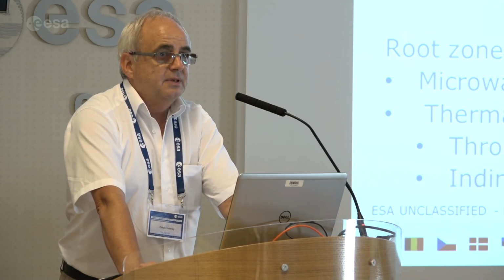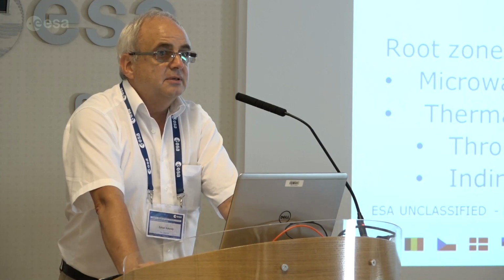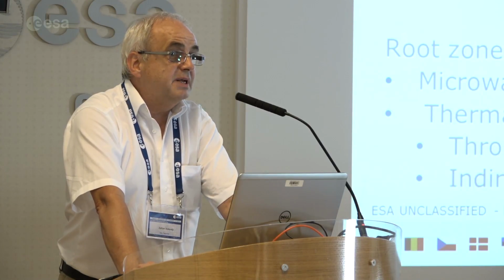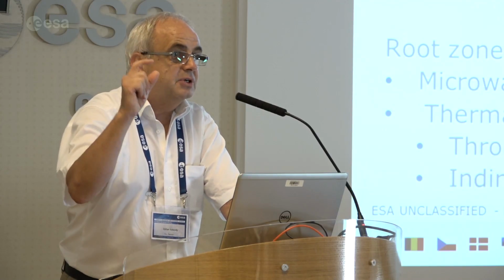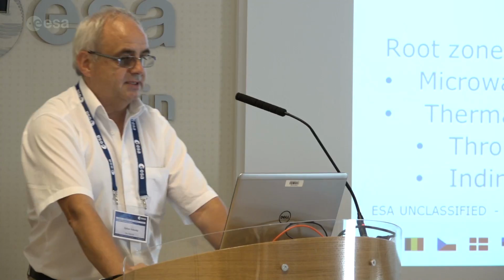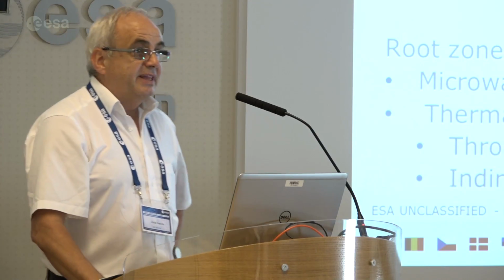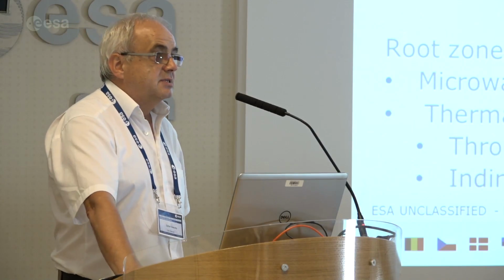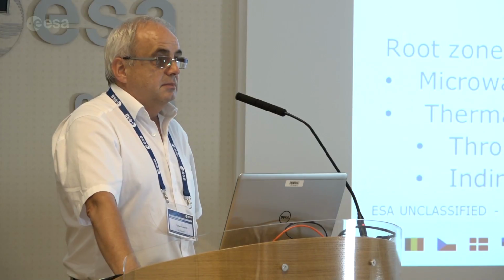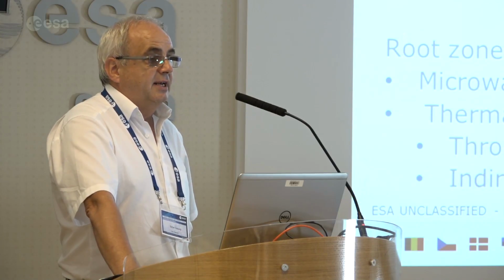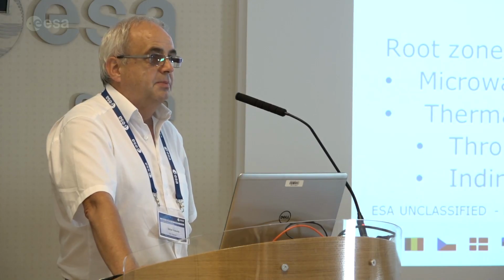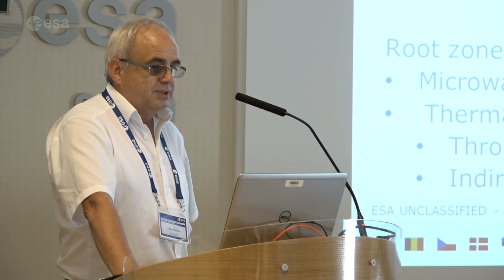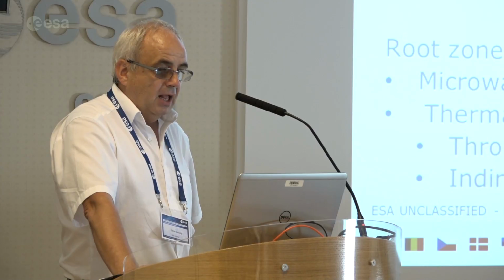When we are using C-band measurements, then we are talking about 2 centimeter penetration depths, but that also depends on the soil moisture content. So this is not one number depending on the wavelengths, but it depends on the soil moisture content. But definitely, when we try to use microwave measurements for defining the soil moisture, we get information only from the top few centimeters.